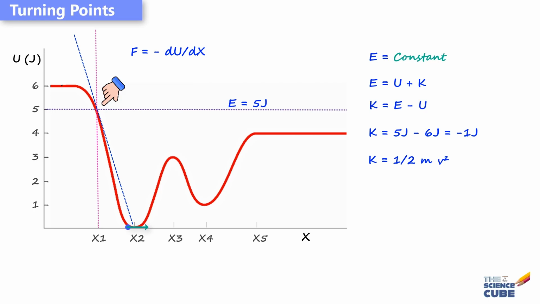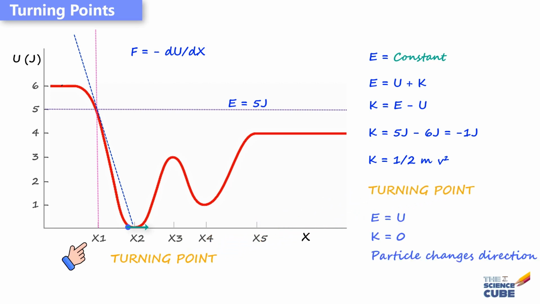So we term this position x1 as a turning point simply because the particle turns in the other direction, and at such points E is equal to U and K becomes 0 and the particle changes direction. Then you can also see at any point to the right of x1, there will be no turning point because K is never 0 on this side.